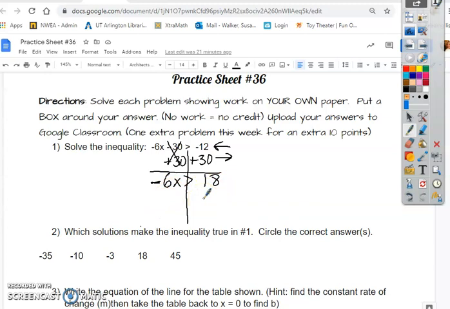And remember, when you divide by a negative, you flip the symbol. You flip your symbol. So what I will help you with is this. You're going to get your answer.